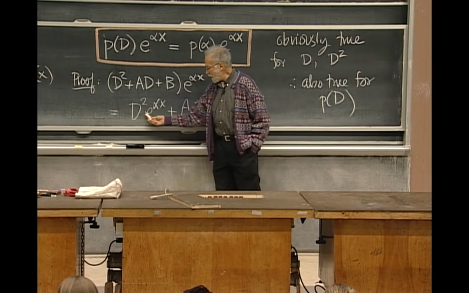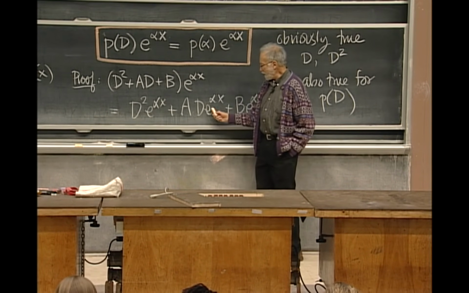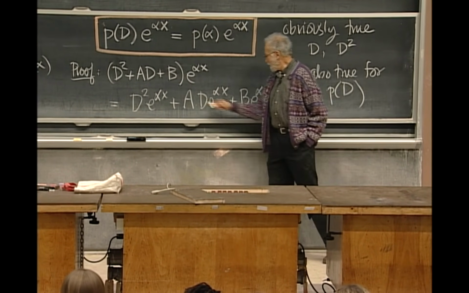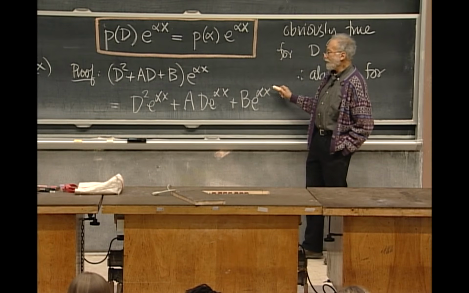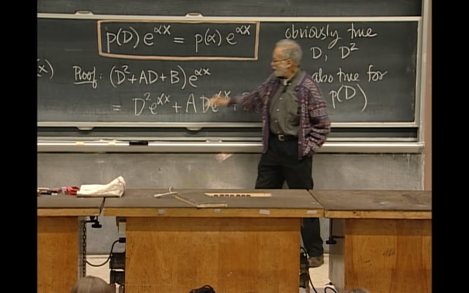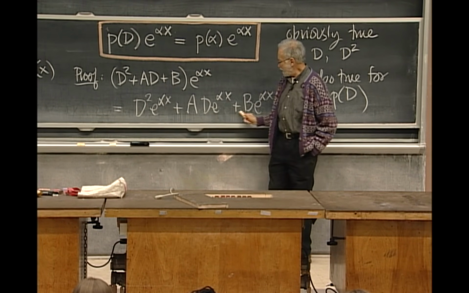This is alpha squared e to the alpha x plus A alpha e to the alpha x plus B times e to the alpha x. So it's in fact exactly this. It's e to the alpha x times alpha squared plus A alpha plus B.